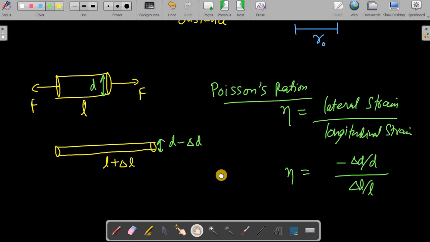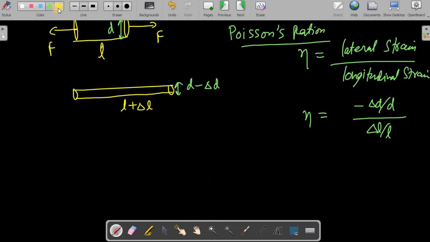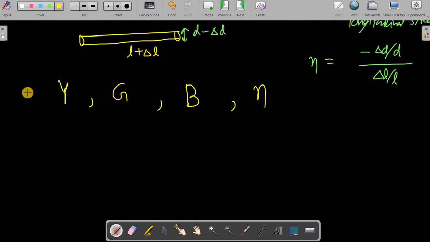Now there are relationships between Young's modulus Y, the shear modulus, which we are saying as G, the bulk modulus, which we are saying as B, and Poisson's ratio. What are the relations between them?